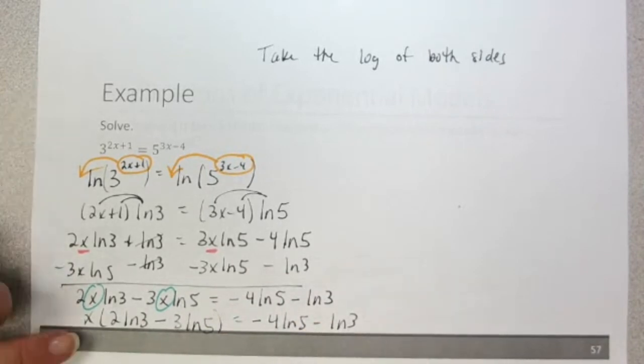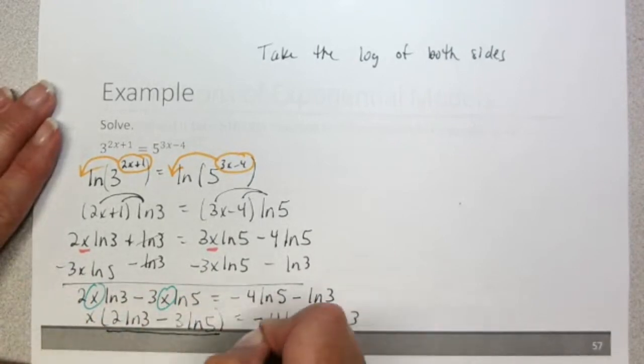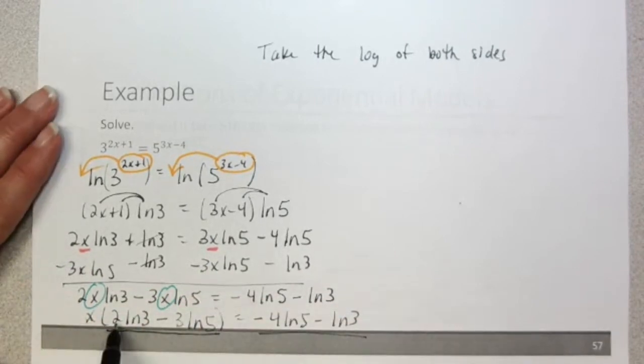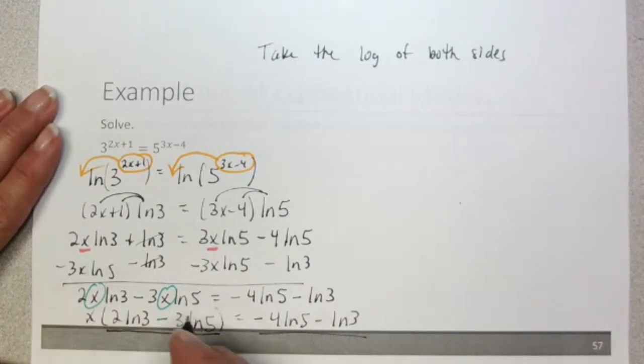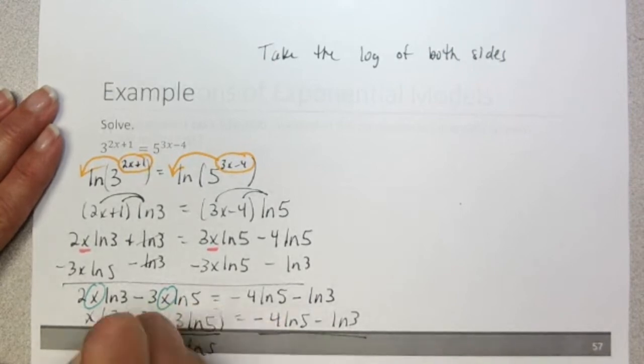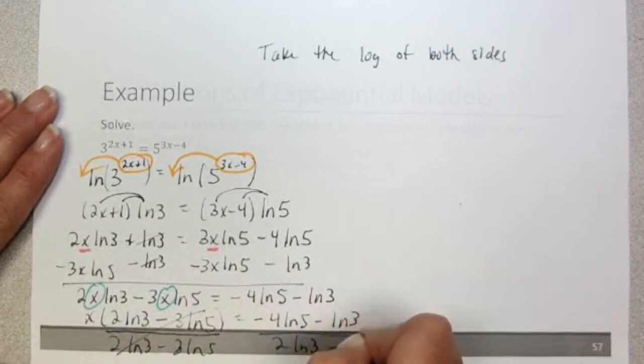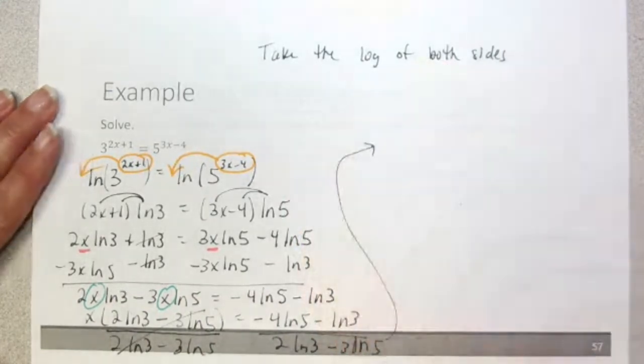All right, now you see what we need to do? We just need to divide both sides by this 2 natural log of 3 minus 3 natural log of 5. Okay, and when I do that, they'll divide out on the left-hand side. Here, let me rewrite it so we can see it better.